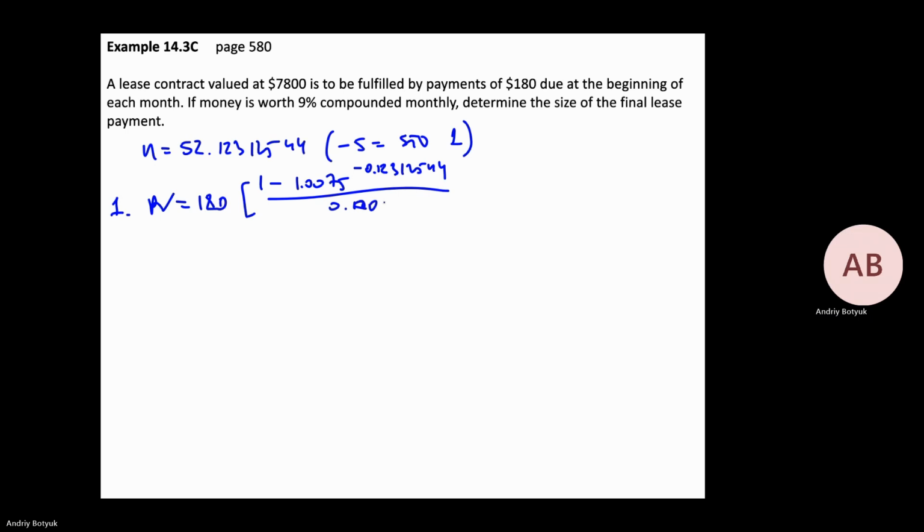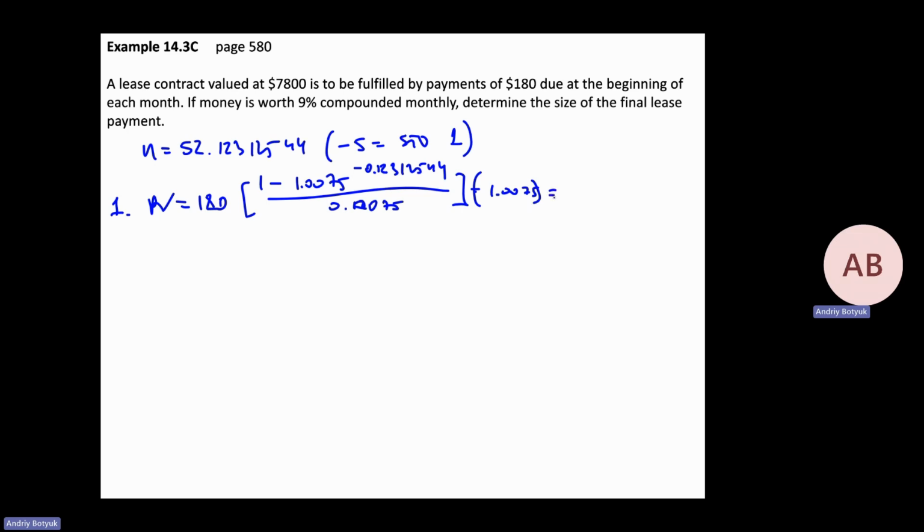Oops. You see that term here? Why do we do that? Because it's annuity due, right? And that's what the formula is. So instead of doing that as step number 2, we already do it using the annuity due formula.